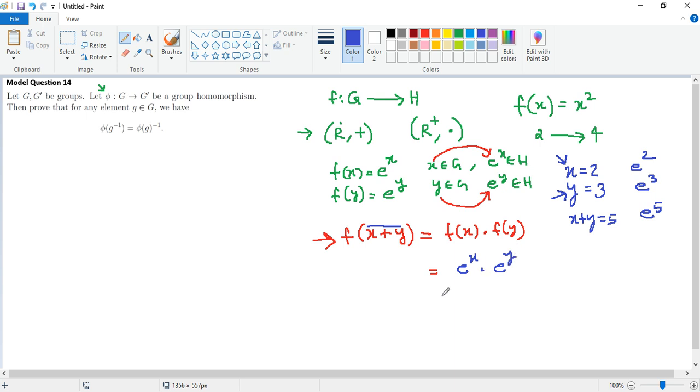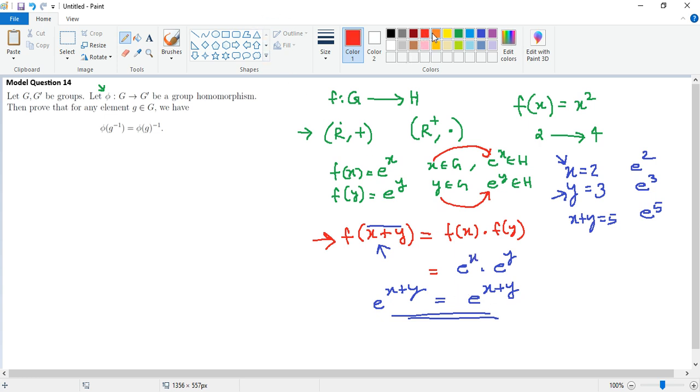Using the properties of exponents, that's the same as e to the power x plus y, which is the same thing you would have got if you had input x plus y into the function. If you input x plus y, it'll raise e to the power x plus y. So if this is satisfied, that's when you say a function is homomorphic.